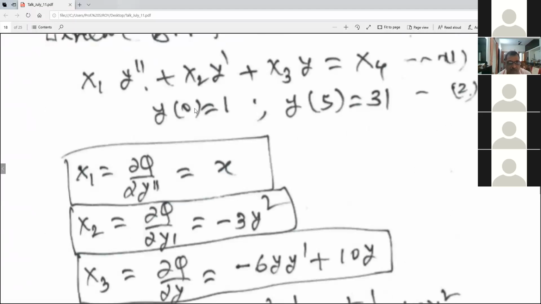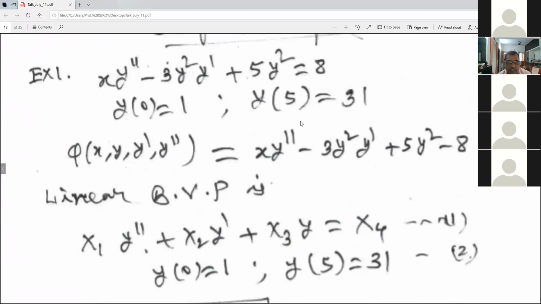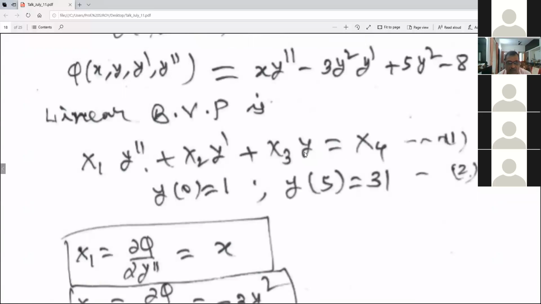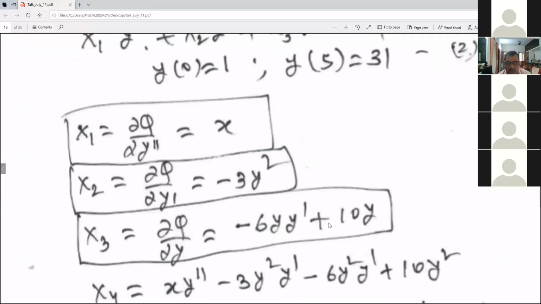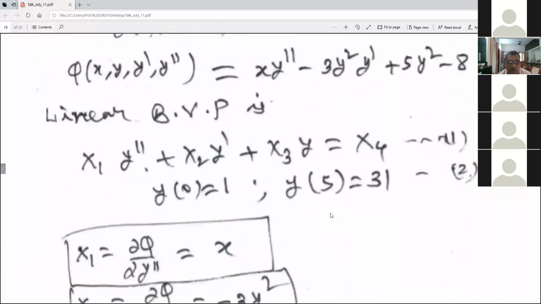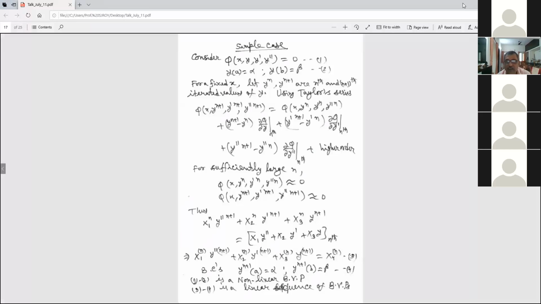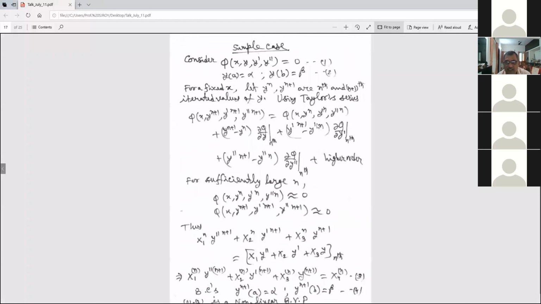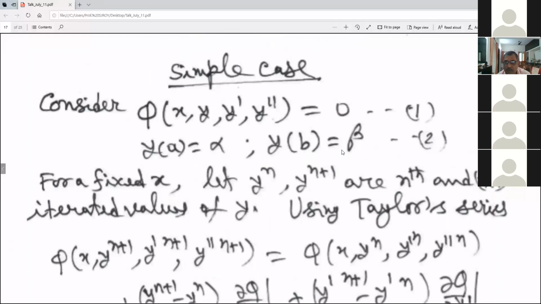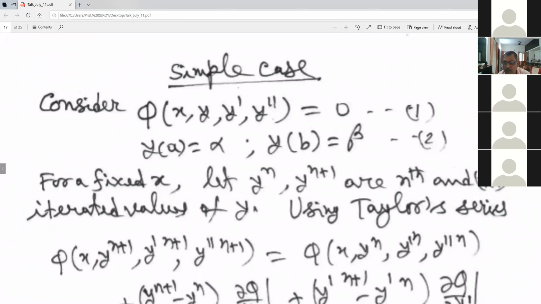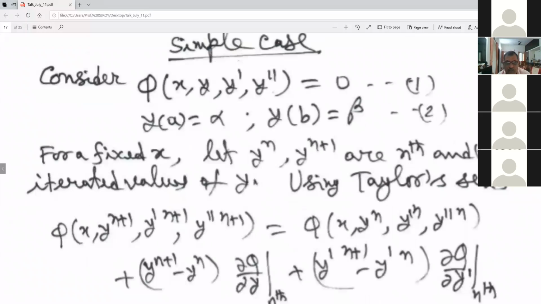Derivative of φ with respect to y, here one term will come, here one term. So here the term is 6y y' plus 10y. And then what is x4? x4, if you forget, then you can check that back. You can go back and see, you have done it already earlier. This is x4. So what is x4? You see.